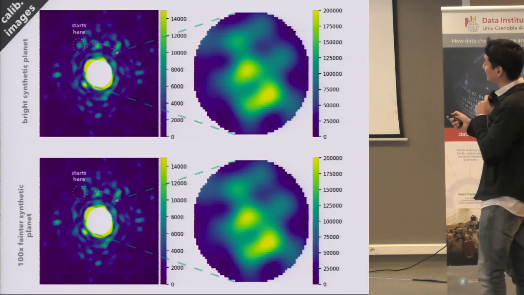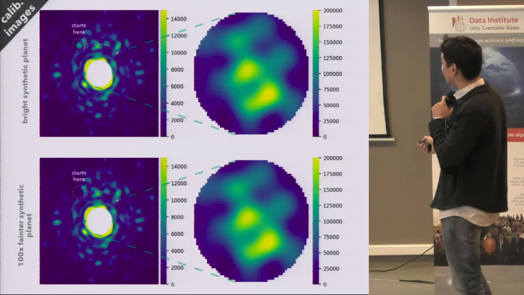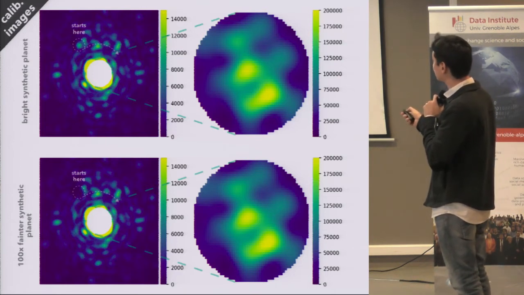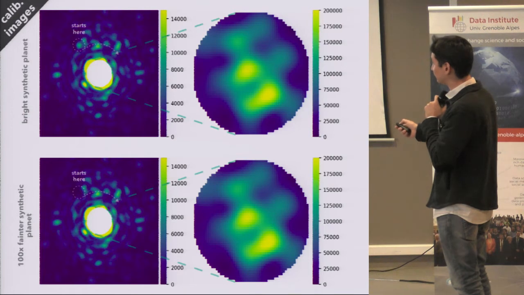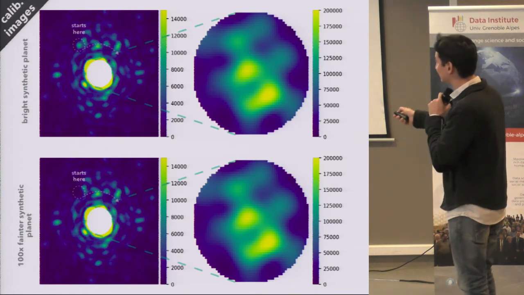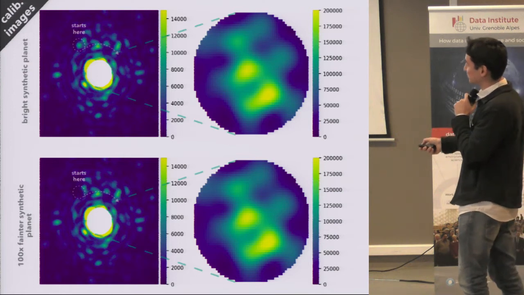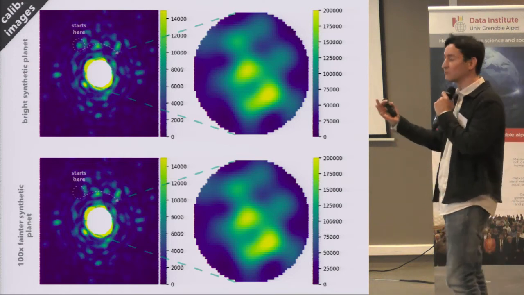In this slide, we have two animations, and it's the same data set. Here's just a zoom-in of this central area. I have injected synthetic planets just to illustrate what the problem is about.